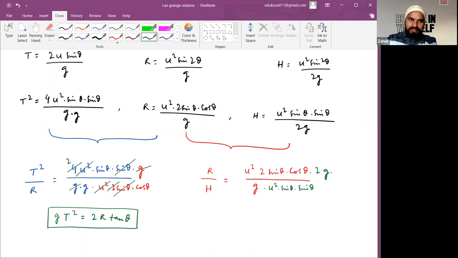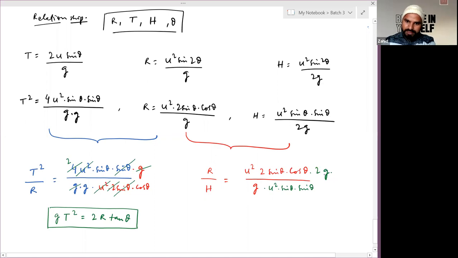If you simplify it, g and g will cancel out, u square will cancel out, sine theta and sine theta will cancel out. So on rearranging, you will get R times tan theta equals 4 times H. So this is another relation between range and height.